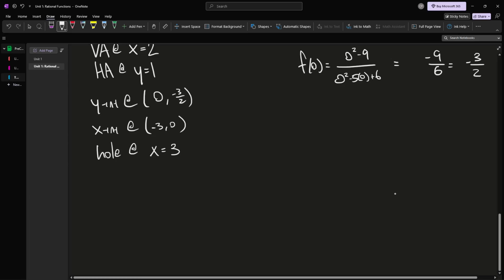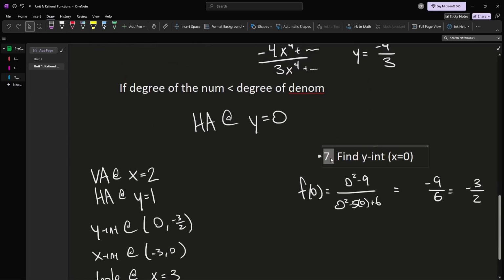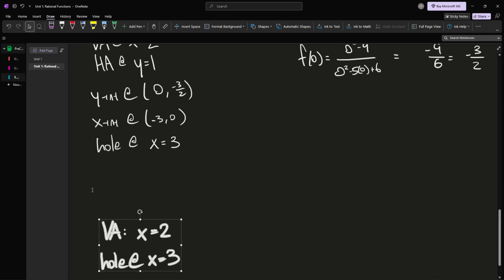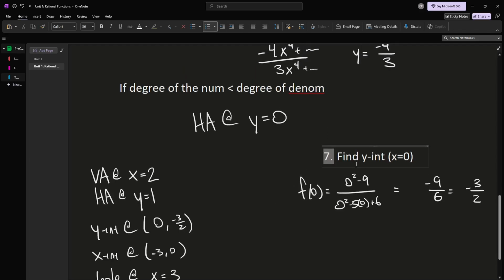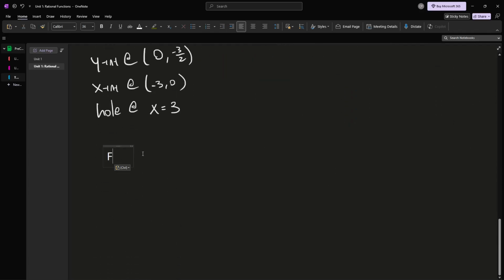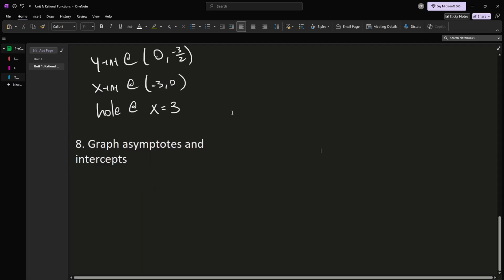Step 8. Oh, it didn't let me copy it. Step 8: graph asymptotes and intercepts. Let's do this. Make my big grid.